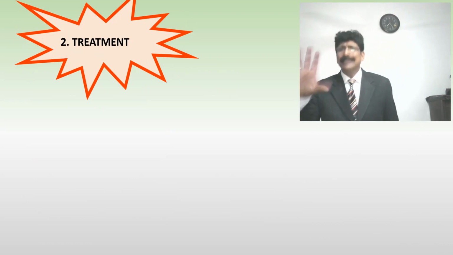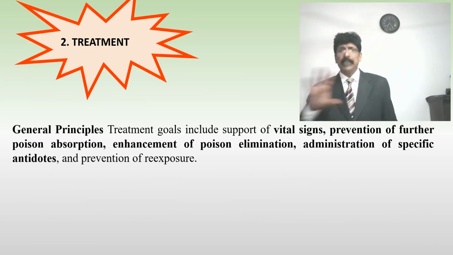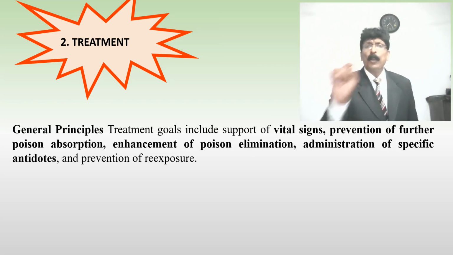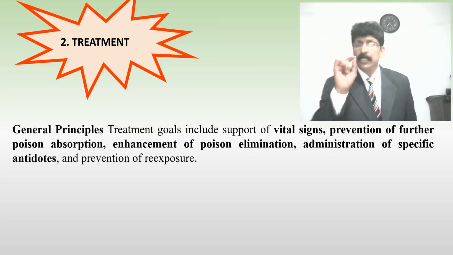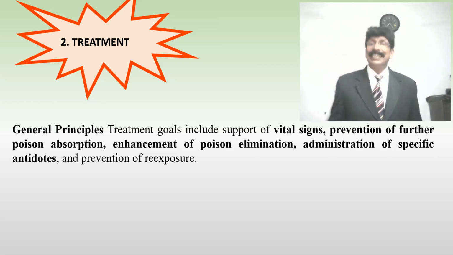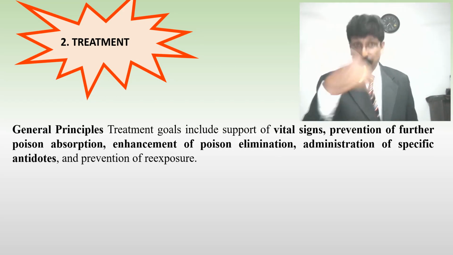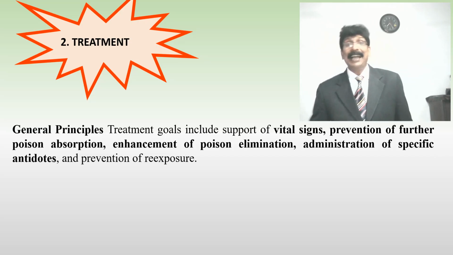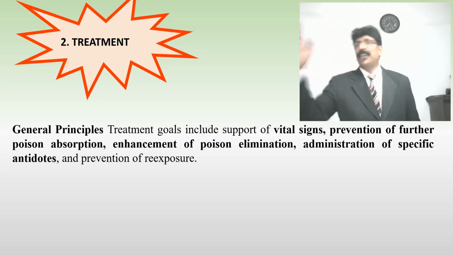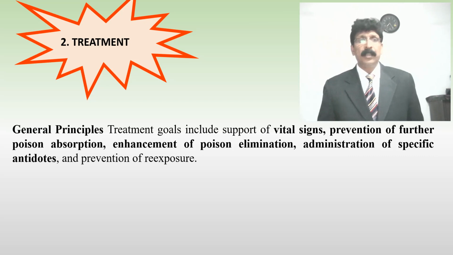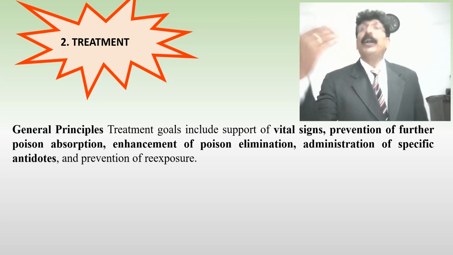But now the treatment is not complete, it is general; that's why we have given it in short. General principles: treatment goals include support of vital signs, prevention of further poisoning or poison absorption, enhancement of poison elimination, administration of specific antidotes, and prevention of re-exposure.